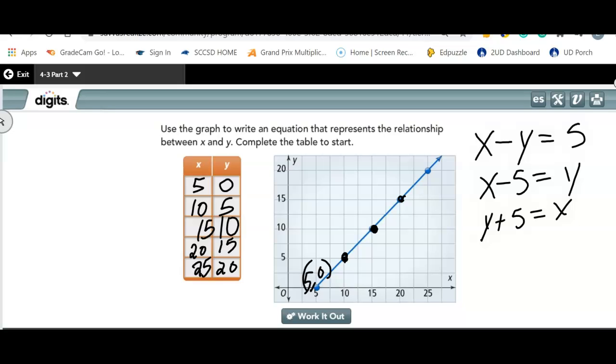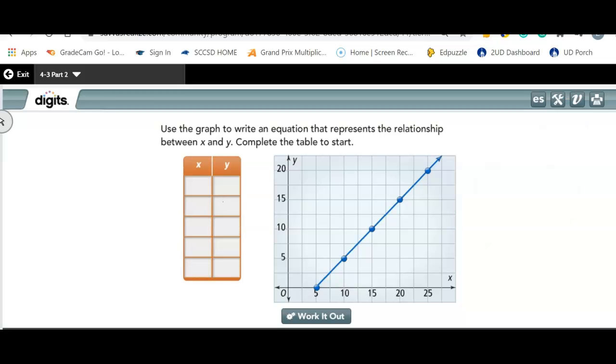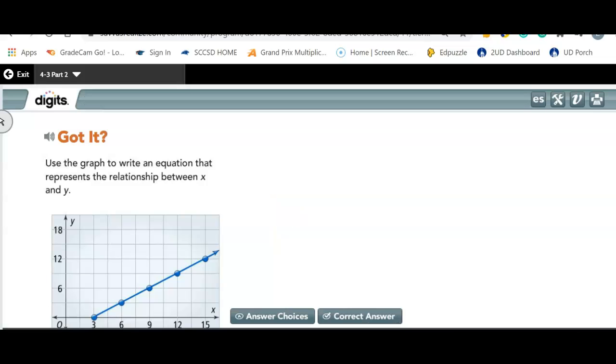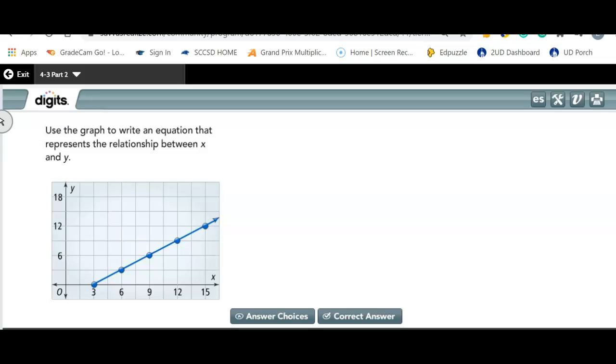All right? Okay. Next, there's one more just like that. I want you to try this one on your own. Complete the table and write the equation from the graph.